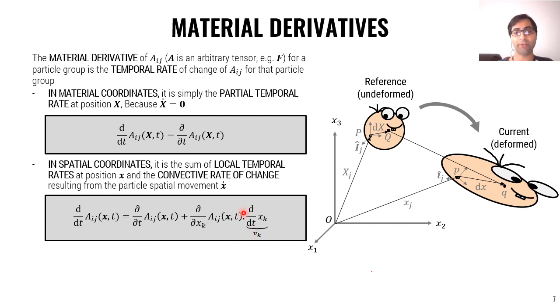Basically, the property derivative with respect to one of the states multiplied by the time derivative of that state. This part is called the convective terms.